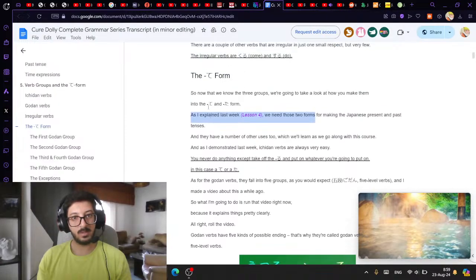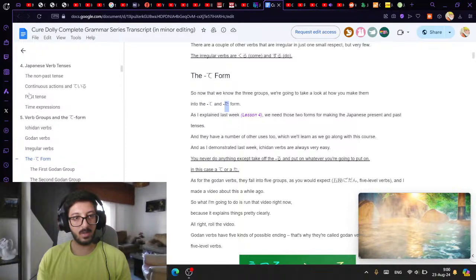Basically, te is the 'ing' you put in the present continuous, the 'ing' at the end of the word. Ta is for past simple, past tense. Present continuous is te. Past tense is ta.